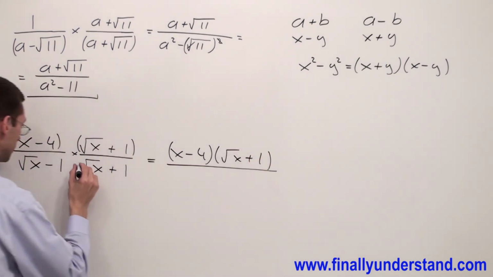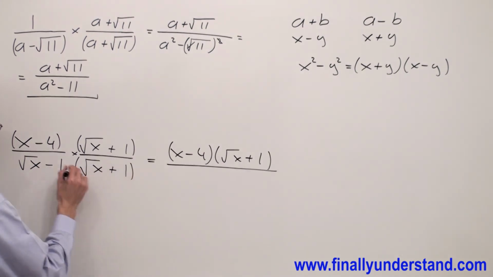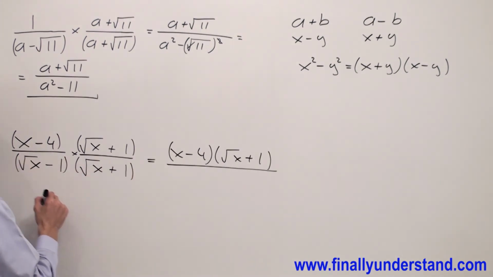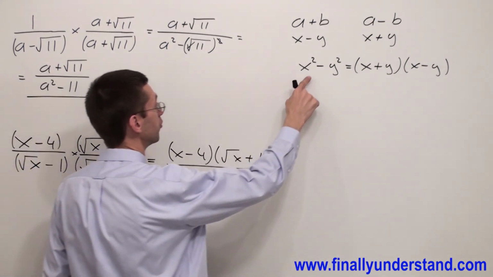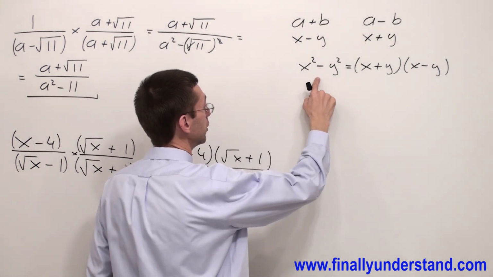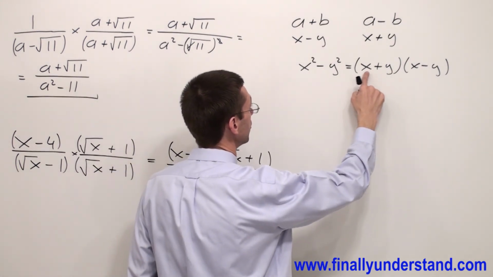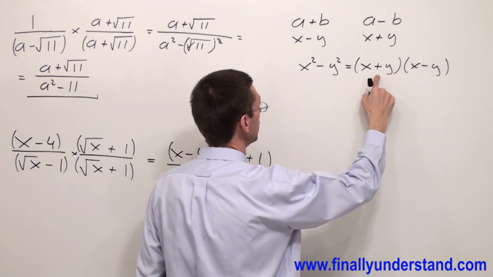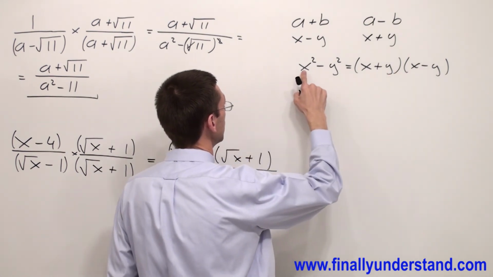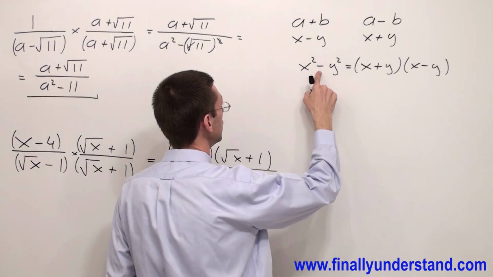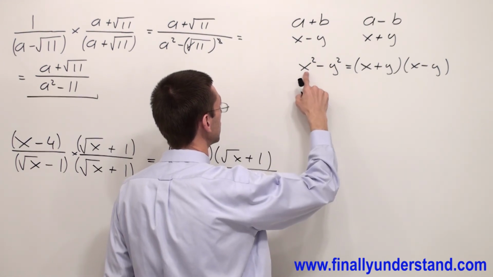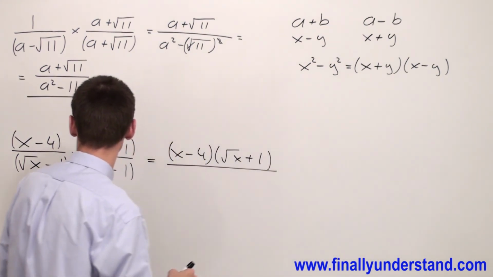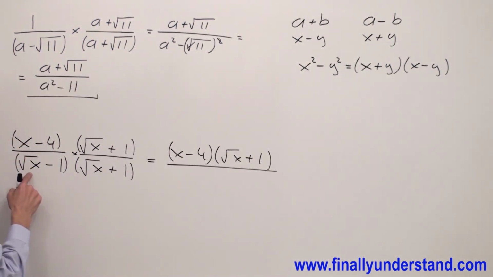And in the denominator, I'm going to apply the rule for difference of perfect squares, which says that anytime I have a binomial multiplied by the conjugate of itself, this is equal to first term squared minus second term squared. The difference of squares of these two terms.